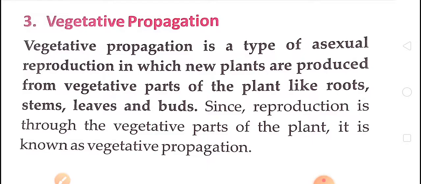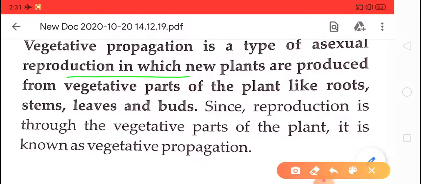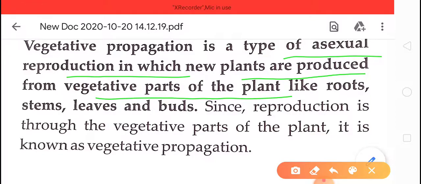Vegetative propagation is a type of asexual reproduction in which new plants are produced from vegetative parts of the plant like roots, stems, leaves and buds. So from these vegetative parts of the plant, the new plant can grow.